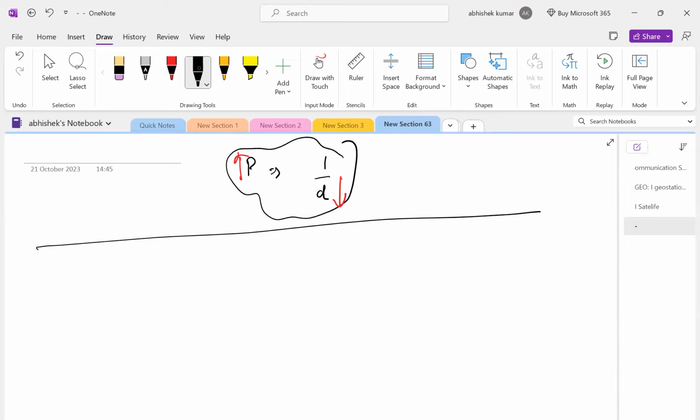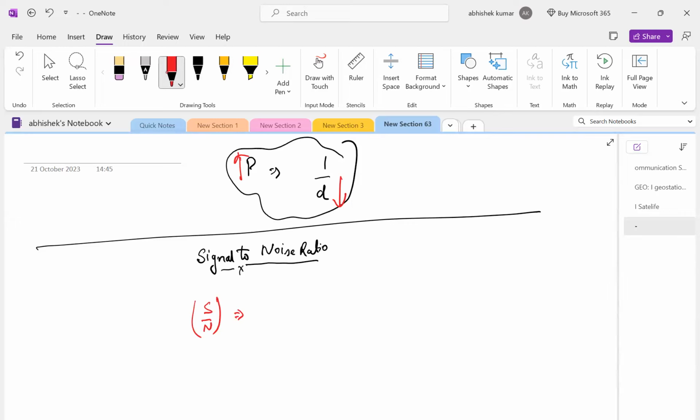Now, one thing here: what is our important thing? Signal to noise ratio. What do you mean by signal to noise ratio? SNR. Ideally, it should be as high as possible, right?